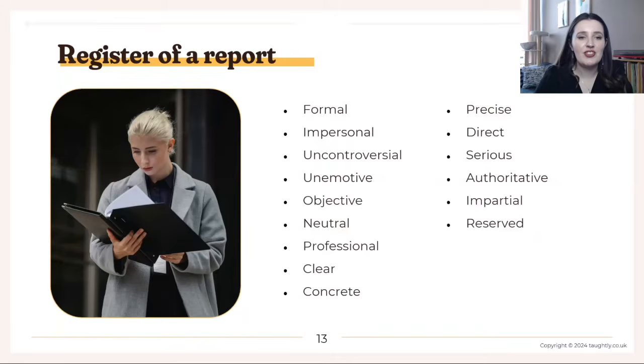Some suggestions for the register of a report: formal, impersonal, uncontroversial, unemotive, objective, neutral, professional, clear, concrete, precise, direct, serious, authoritative, impartial, and reserved. Keep all of these adjectives in mind as we proceed through this lesson.